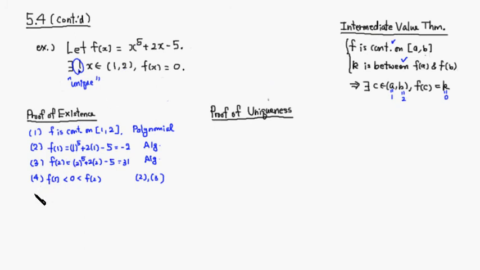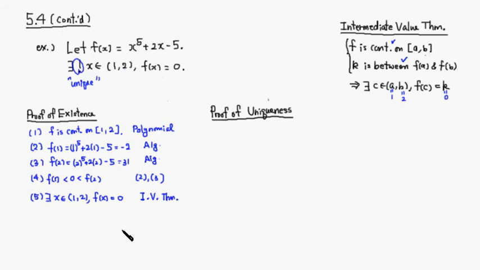By the intermediate value theorem, we can say that there exists some number x between 1 and 2 such that f(x) = 0.